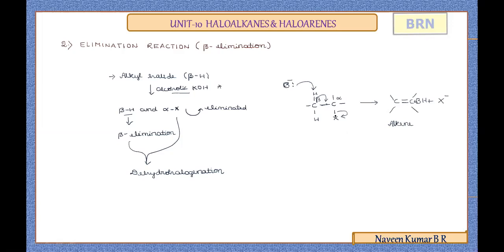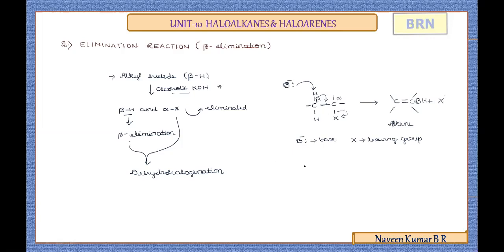Remember, the carbon attached to the functional group is alpha, and the adjacent carbon is beta. If it is another carbon, that will again be a beta carbon for the respective position. Here, B is a base, and X is the halogen, which is a leaving group. So in simple terms, this is a beta elimination reaction or dehydrohalogenation reaction.